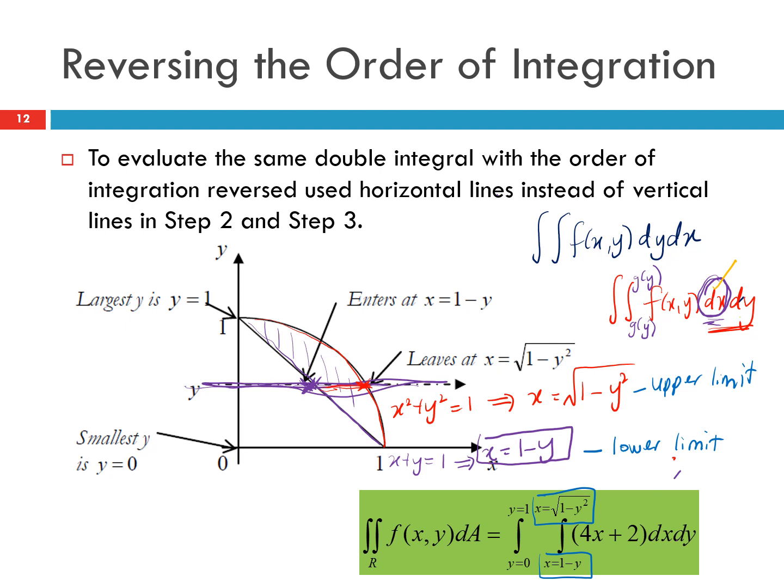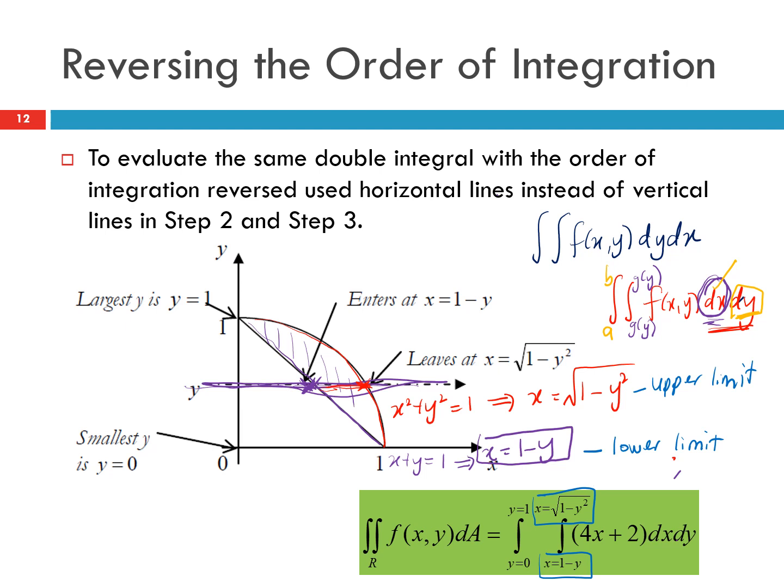So now we're going to see the limits of y. Since y is the last thing that we need to integrate, here you need to have a number. Okay, the limits of integration for y is just a number. So what are the numbers? What is the lower limit and what is the upper limit for y?